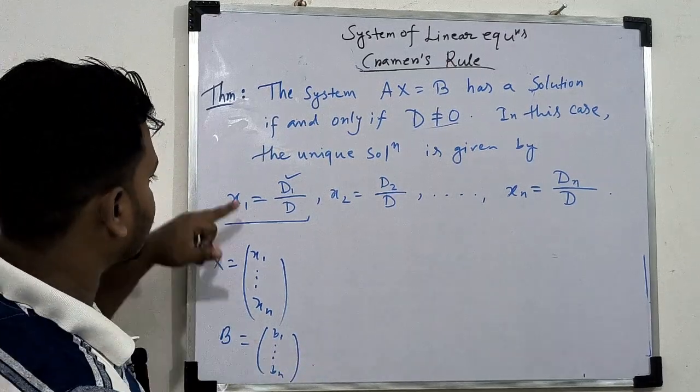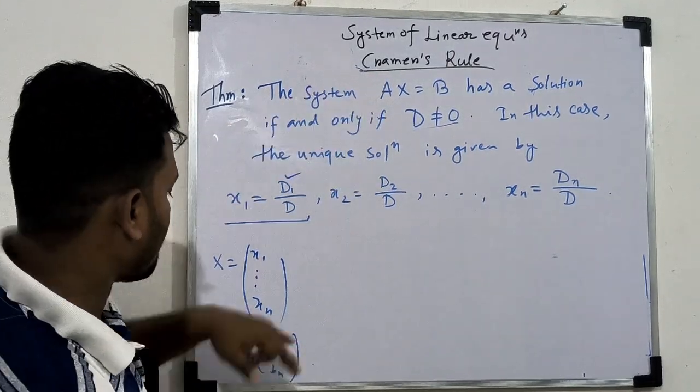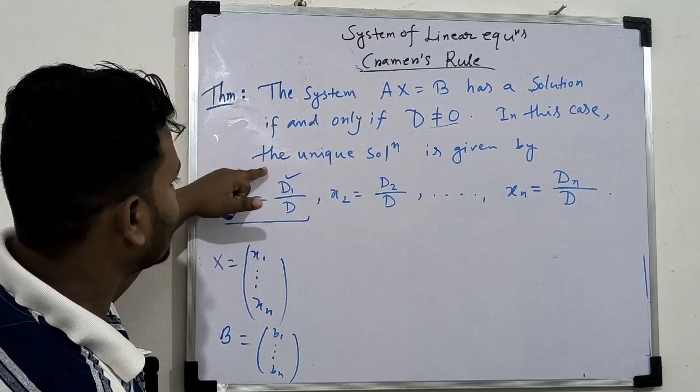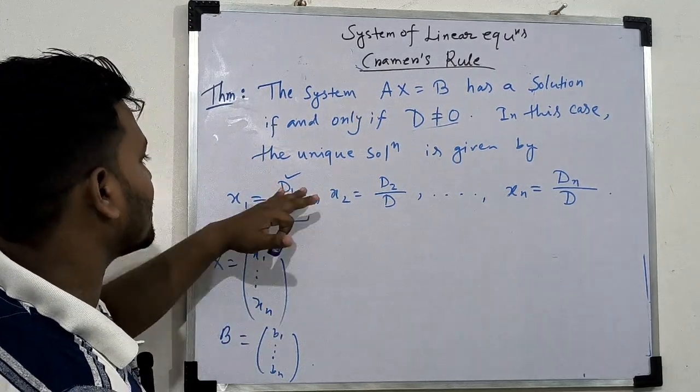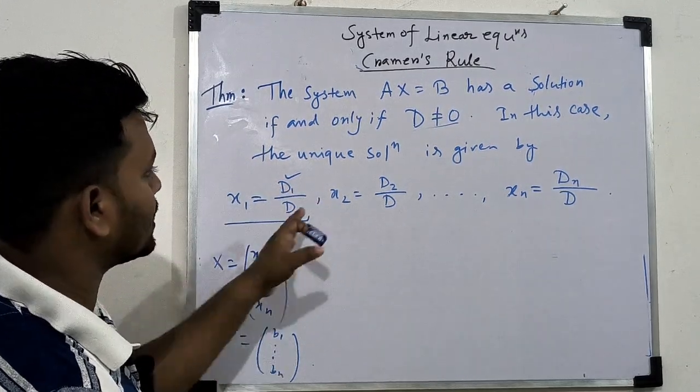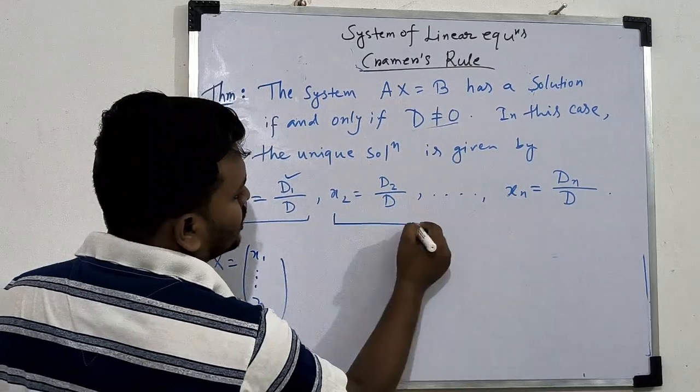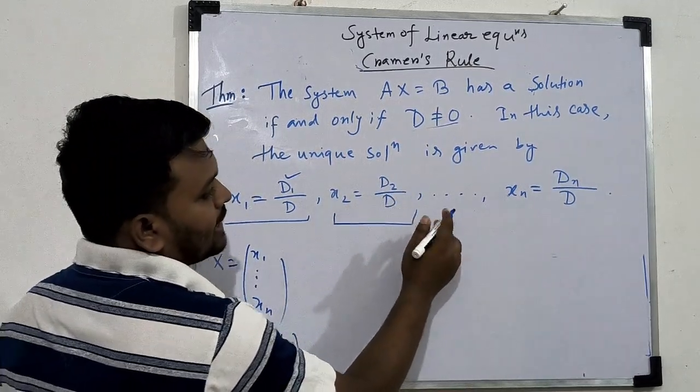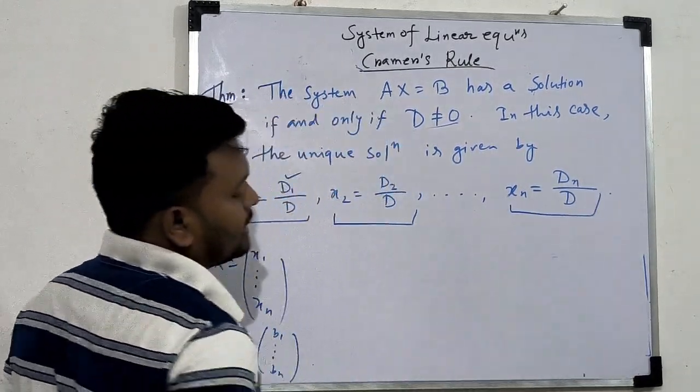If we replace the first column of A by this vector, we get the matrix A1, and the determinant of A1 is D1. In a similar way, x2 = D2/D, and so on, up to xn = Dn/D.